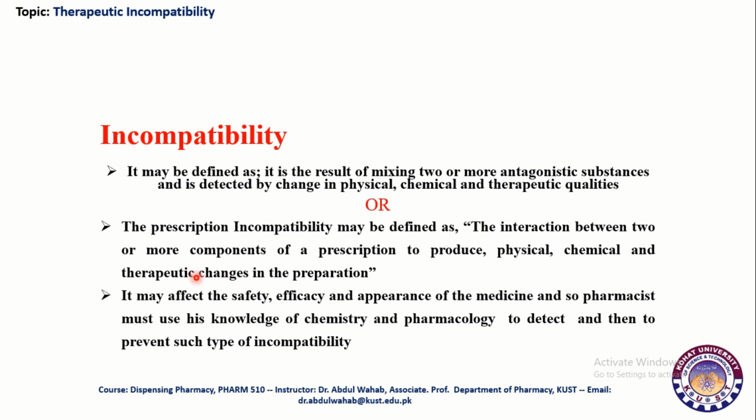Due to incompatibility, the efficacy, safety and appearance of the dosage form or of the drug can be changed. If a pharmacist has knowledge of chemistry and pharmacology, then he or she can easily detect the different types of incompatibility.